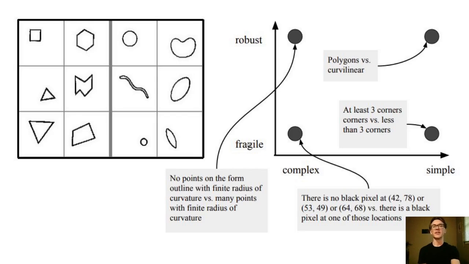A rule which a machine may come up with, or a rule which is easiest for a machine to come up with, could be based on the values of individual pixels. And then there are also combinations of complex and robust, and fragile and simple. So for any given problem, there are many valid solutions.